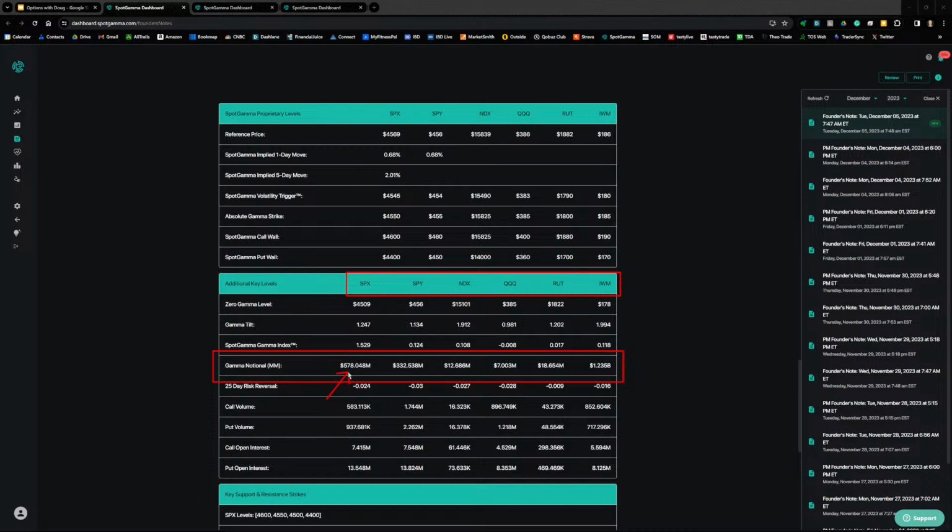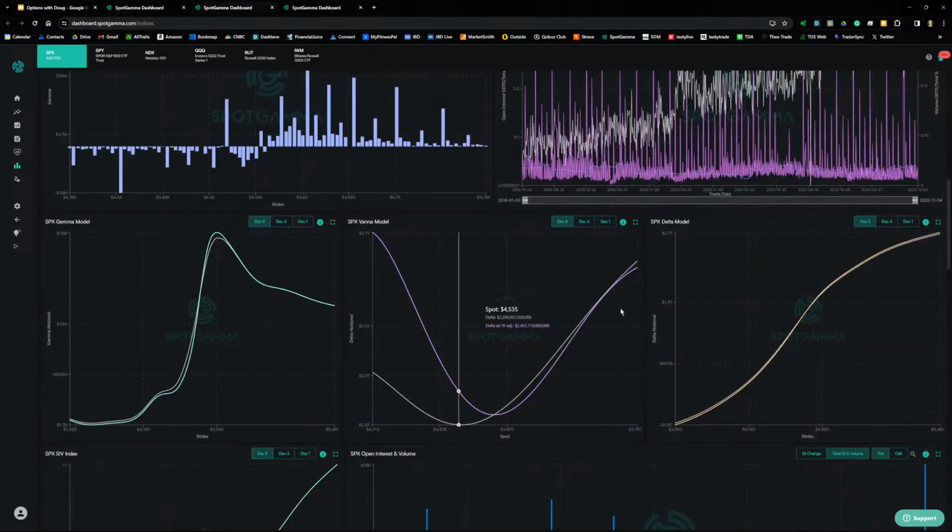Now for the Russell 2000, Russell RUT, and IWM, these numbers actually increased from yesterday, so became more positive. Less positive for the S&P 500 and NASDAQ, and more positive for the Russell 2000. But again, all positive.